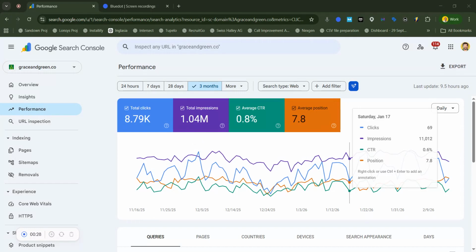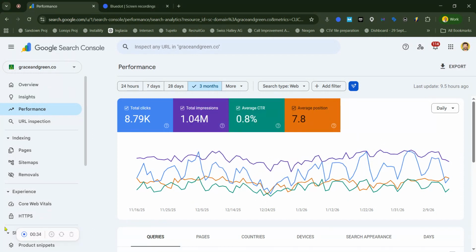The drop is simply seasonal, meaning it happens every year at the same time, and we can verify that directly using Google's own data. The first thing you need to do is open your Google Search Console and come down to the performance area. This report shows real organic traffic from Google Search.